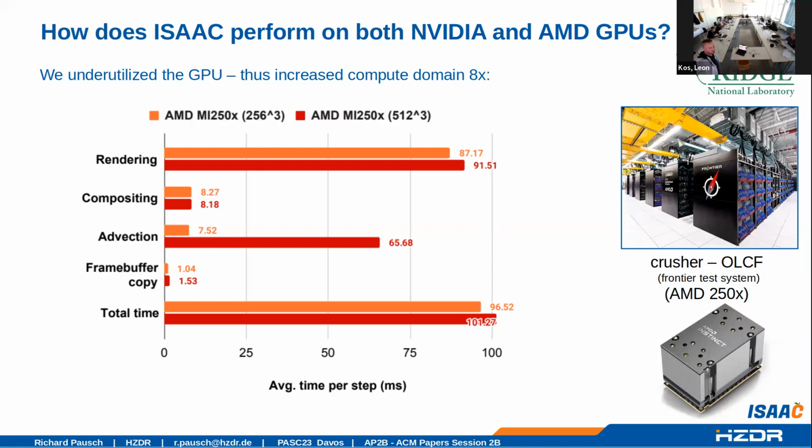You need around, for example on AMD GPUs, 100 milliseconds for rendering, I think, a full HD image with this volume. This is quite small. So the overhead will be really large compared to the simulation.